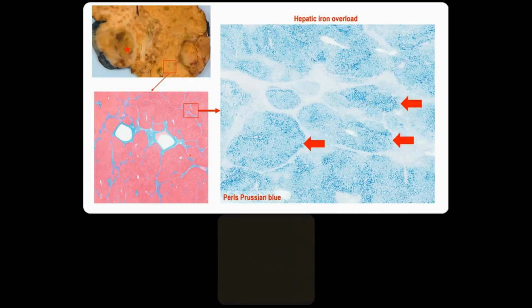But in this case, what was different is that the iron stain showed severe hepatic iron overload as demonstrated by these coarse blue granules within the hepatocytes. So in this case, the diagnosis was that of multifocal HCC arising from cirrhosis secondary to hemochromatosis, and genetic testing later confirmed this to be HFE gene-related hereditary hemochromatosis.